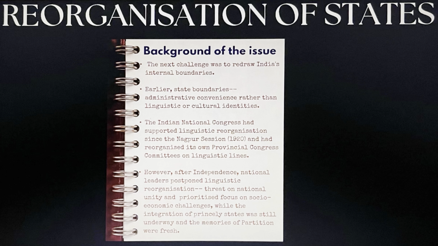But after independence, the national leaders had to postpone this reorganization, because in 1920 they didn't know that partition would take place. But now at the time of independence, things had become hard for them. They thought that if they again reorganize and draw boundaries based on linguistic lines, then again it would be a national unity threat.